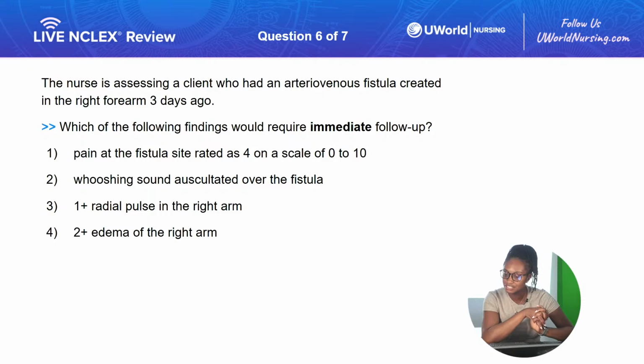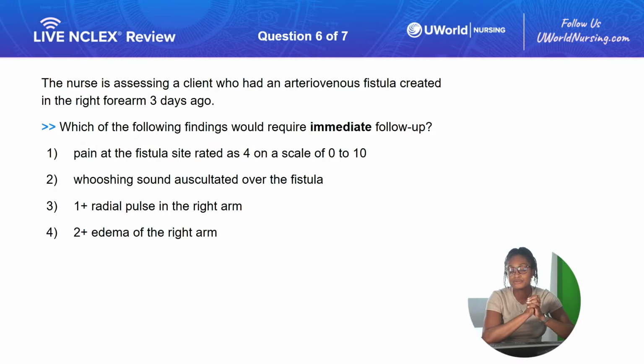Good answers. Oh, but now the answer choices are varying. I'm seeing 3s, 4s, and 2s. Look back at the question, and we're looking for something that would require immediate follow-up. So we're looking for a complication.